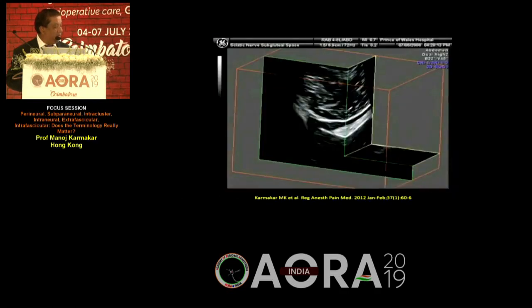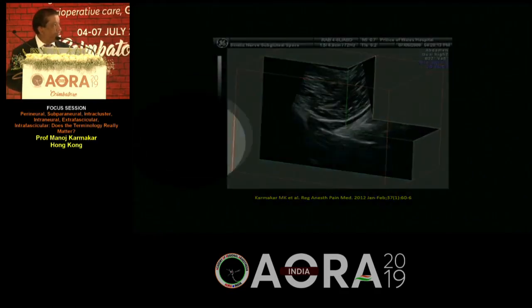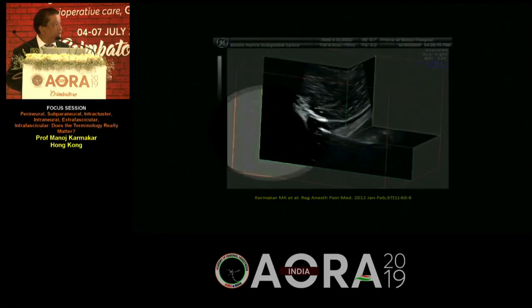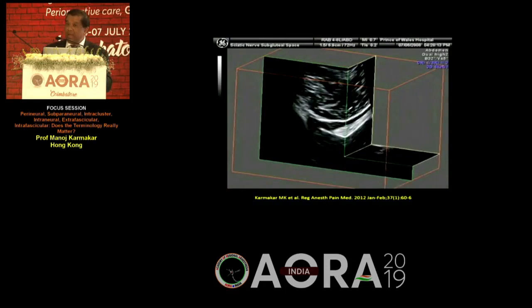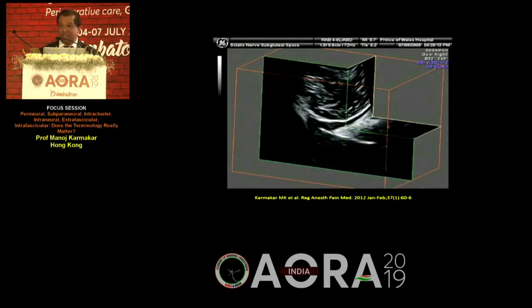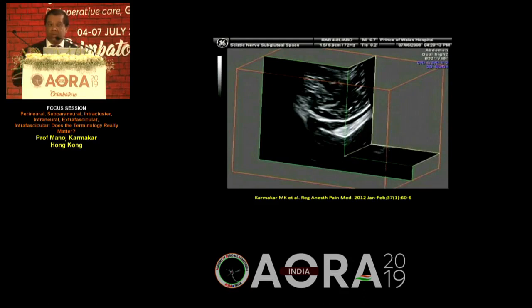The sciatic nerve here is lying, in this case, between the gluteus maximus and the quadratus femoris muscle in an intermuscular tunnel. You can see these hyperechogenic lines, which are actually the epimysium of the muscle. So that is the perineural space through which the nerves traverse from the pelvis to the popliteal fossa, if you may.